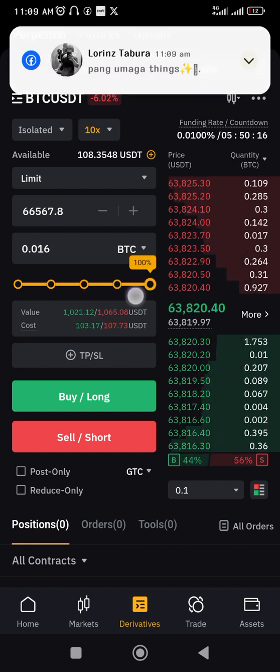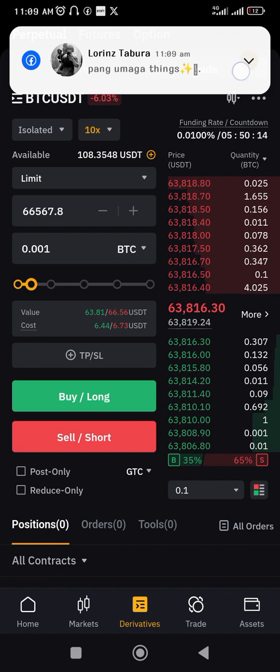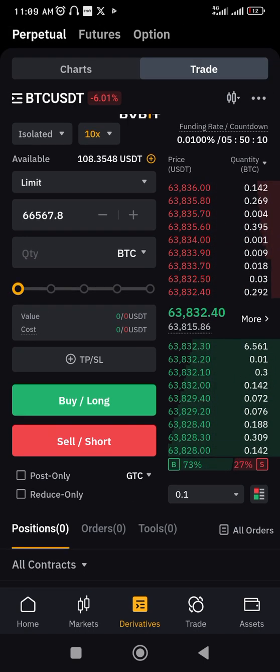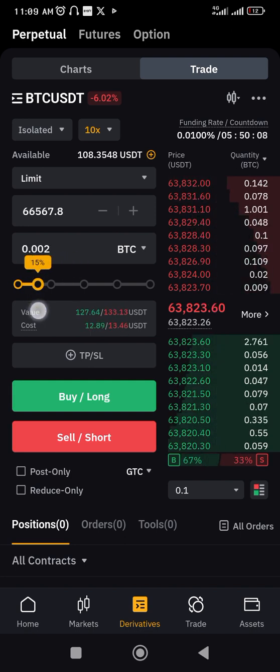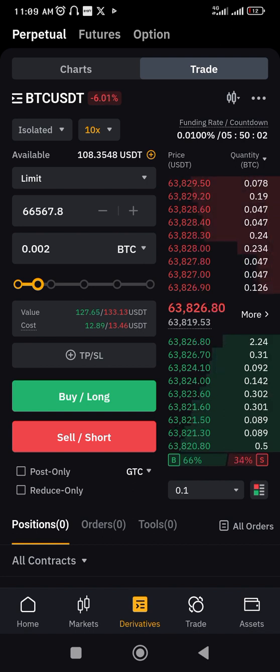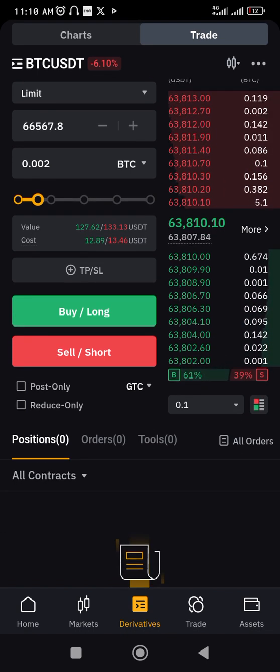So you just set it to exactly how much you want to use to take the trade. Let me just take this trade with, let's say, $10 or $12. Now you can see in the cost here the value of what you'll be getting, and the cost, which is 12.89.